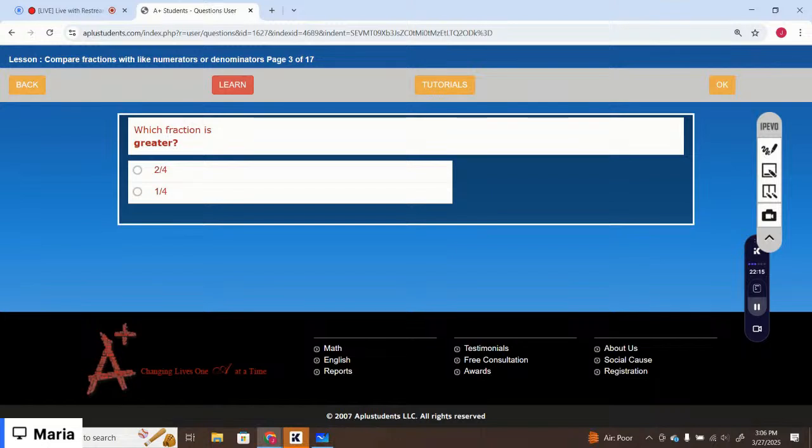The one that has the greater numerator is greater, so option number 1 is the correct option. So 2 by 4 is greater.